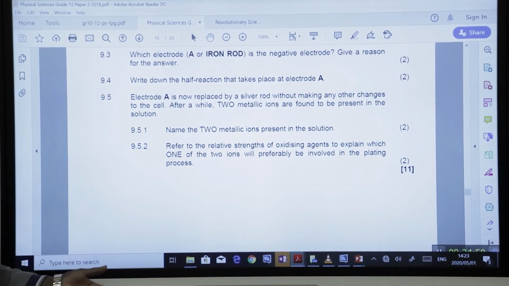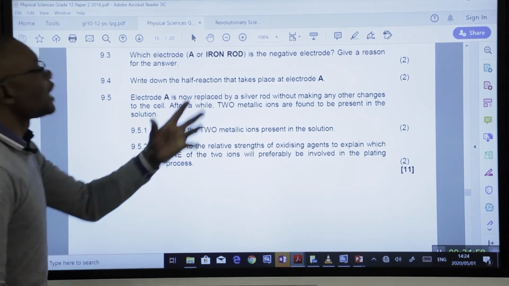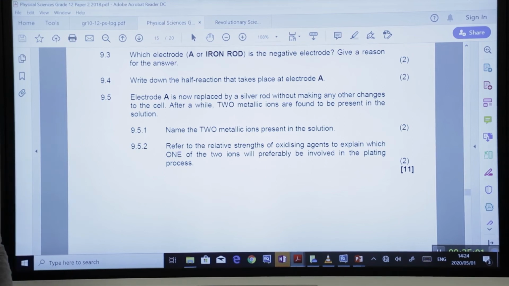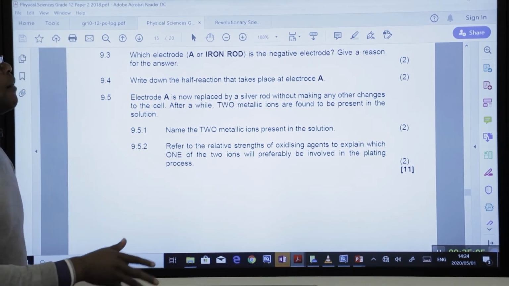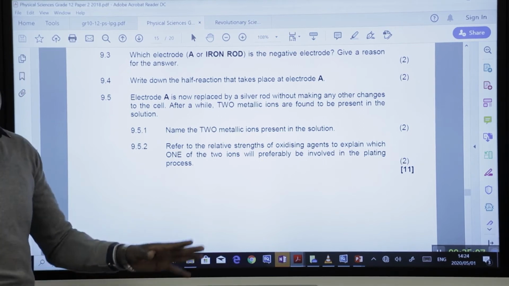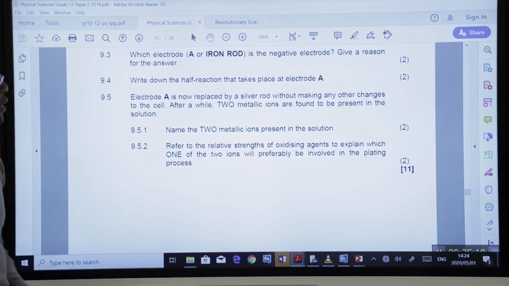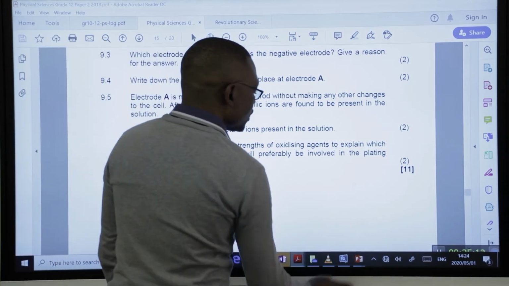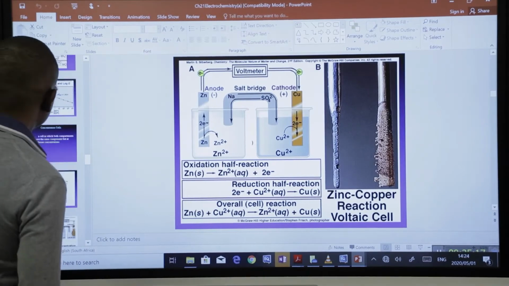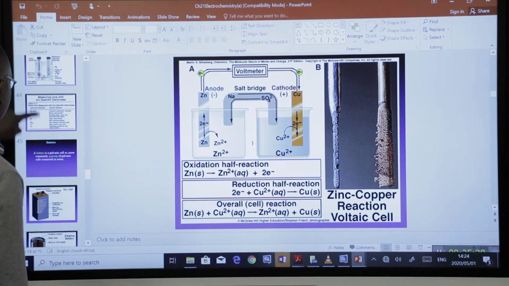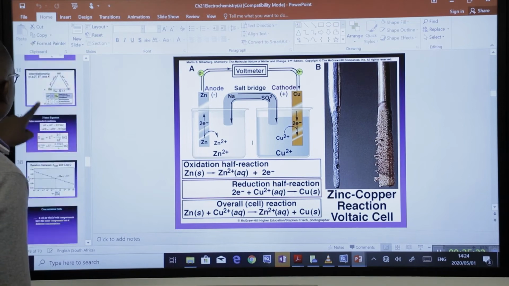Do you need to do some mathematical calculations, or do you need to use your background information of the reduction potentials and reactivity of these materials to see which one reacts more preferably than the other? I'll take you back to the reduction potentials table. It's up here.